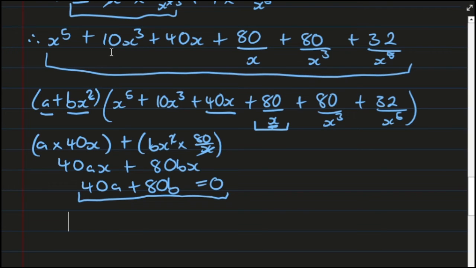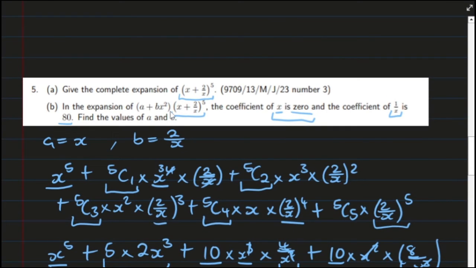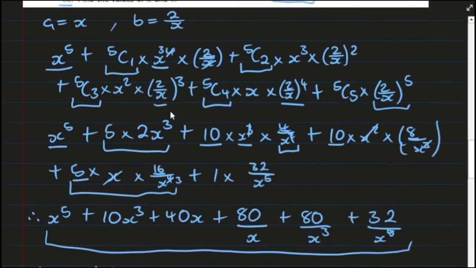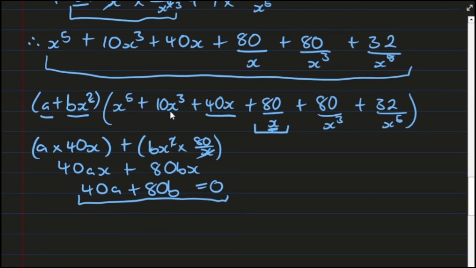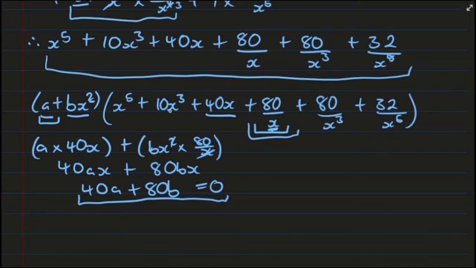We are also given that the coefficient of 1 over x is 80. So let's find the expressions that will result in a term in 1 over x. If you multiply a by 80 over x, you get a term in 1 over x.